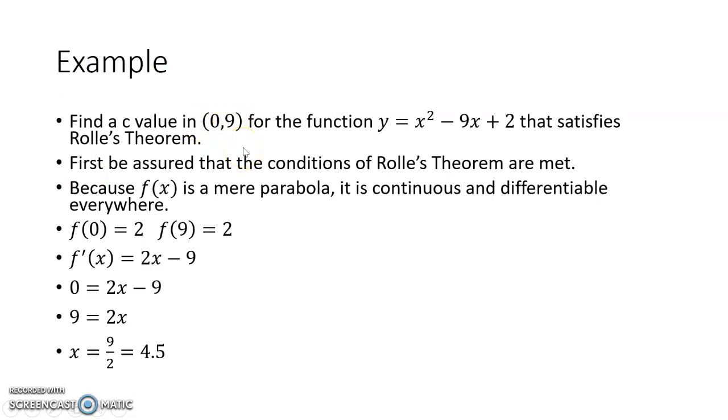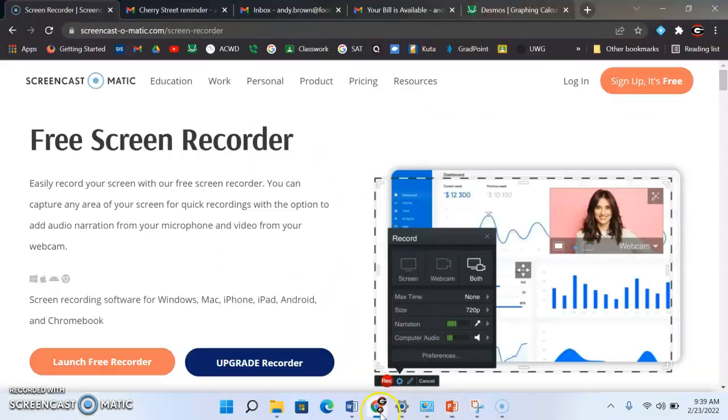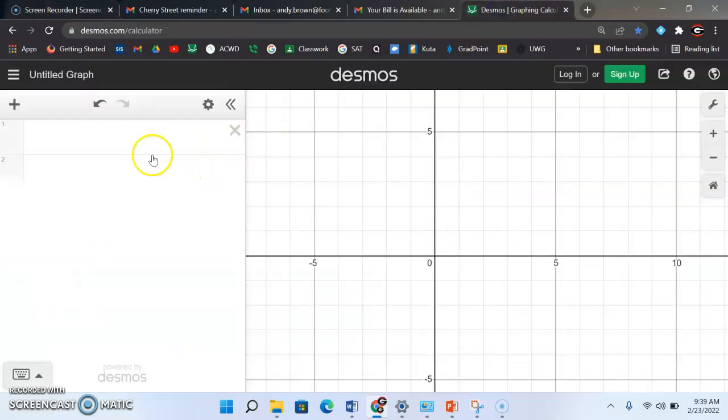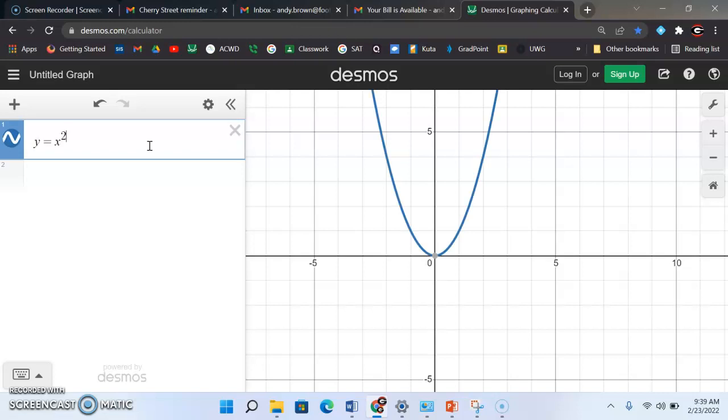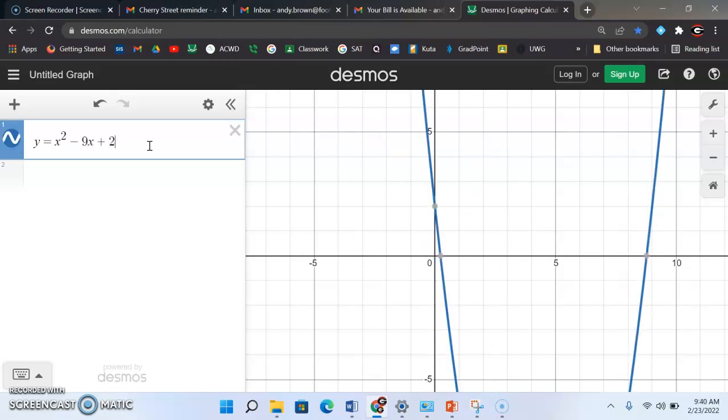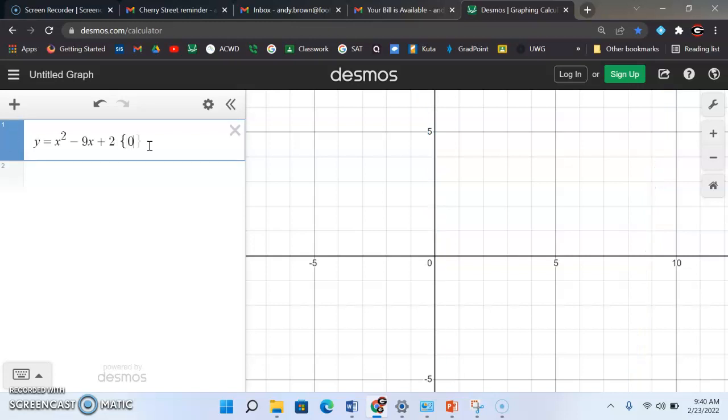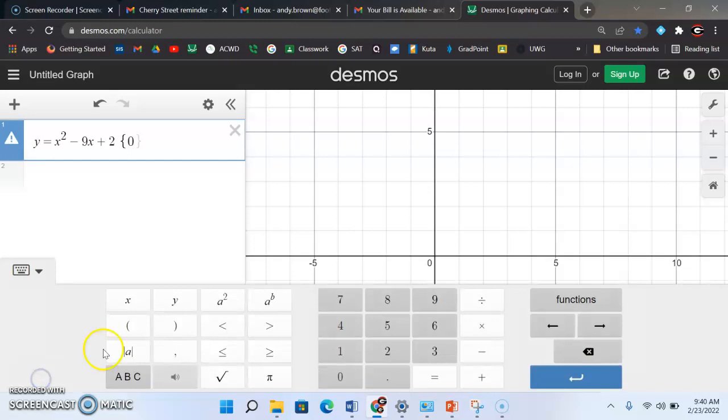Let's look at this to try to make some sense of it. So I'm going to go to Desmos right here and graph that. y = x² − 9x + 2. And on Desmos, if you hit space, then this little brace looks like that. 0 less than or equal to x less than or equal to 9.